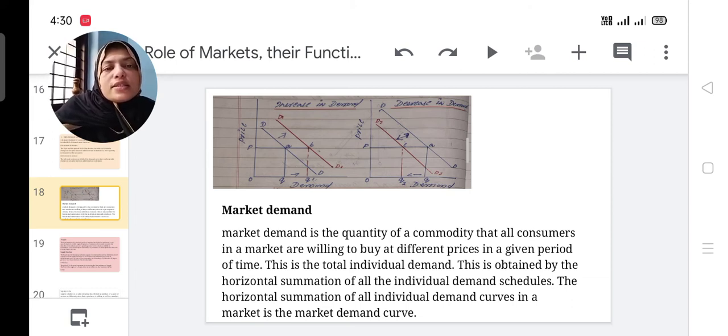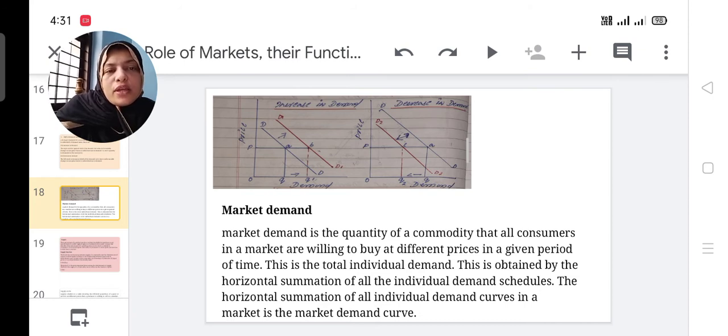Then the next concept is market demand. Market demand is the quantity of commodity that all consumers in a market are willing to buy at different prices in a given period of time. Market demand is the total quantity of a commodity that all buyers, consumers in a market are willing to buy at different prices in a given period of time.